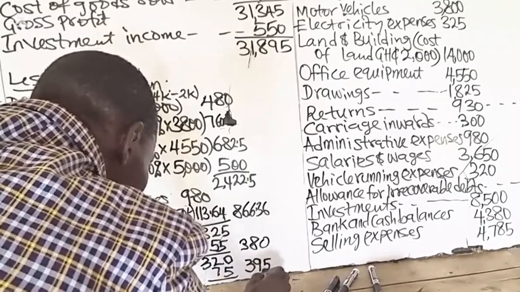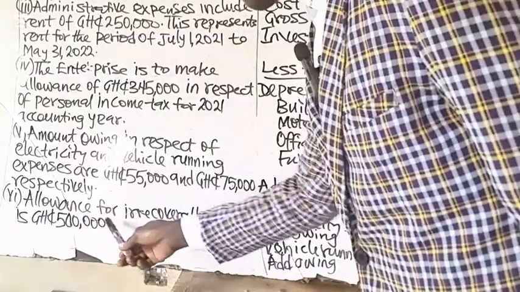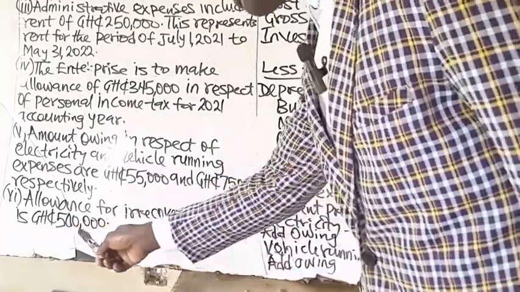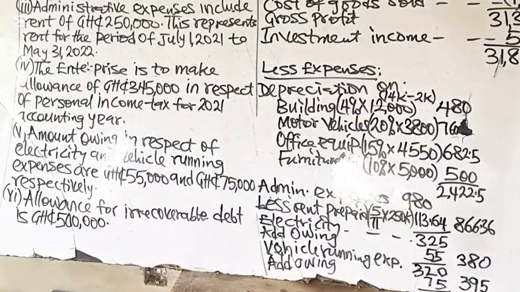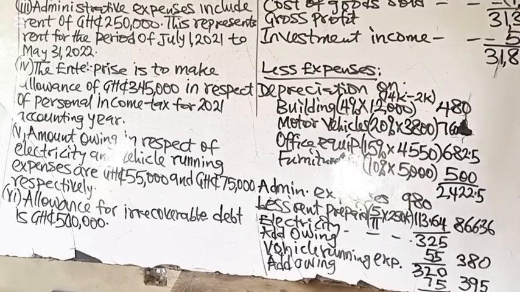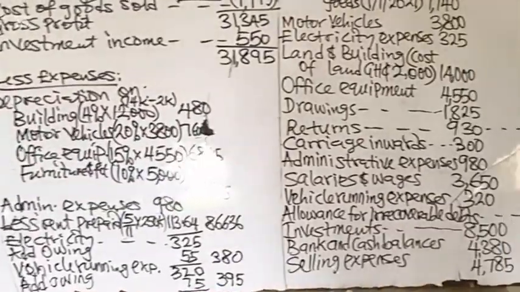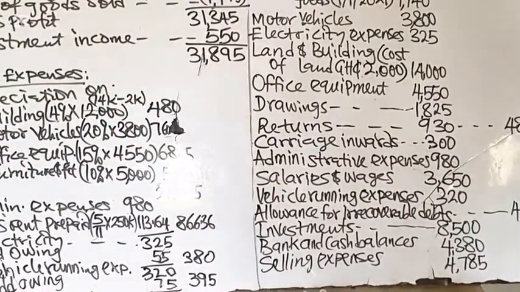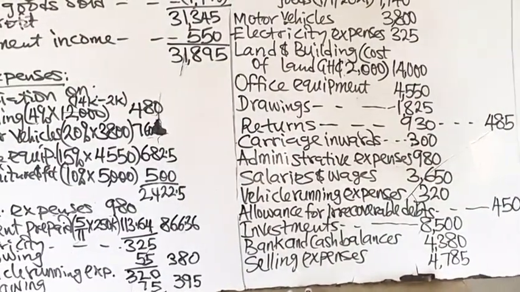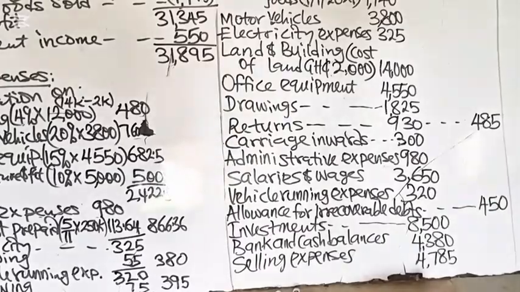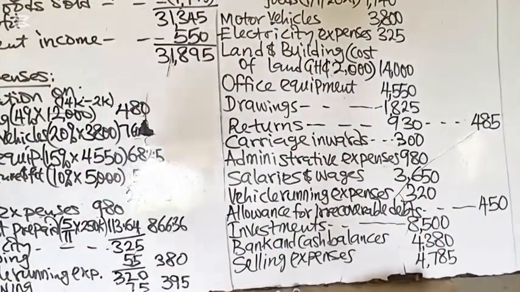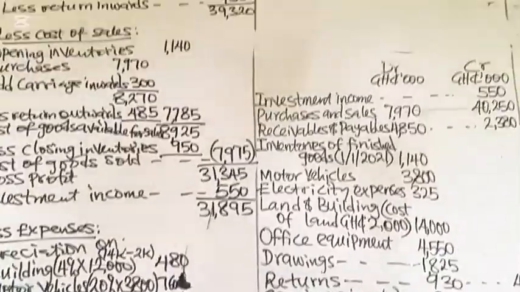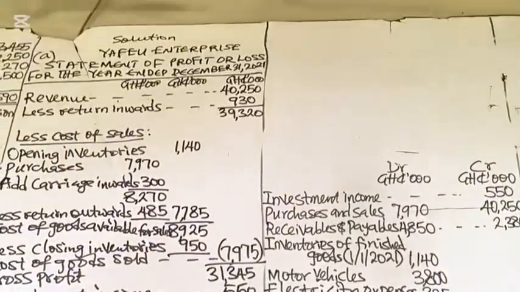Note 6. Allowance for irrecoverable debts is 500,000. So the 500,000 is the amount given as irrecoverable debt in the additional information. But if you go through the trial balance, you have allowance for irrecoverable debts of 450. The 450 is the amount given as an allowance for irrecoverable debts. The one in the additional information exceeds the amount given in the trial balance.